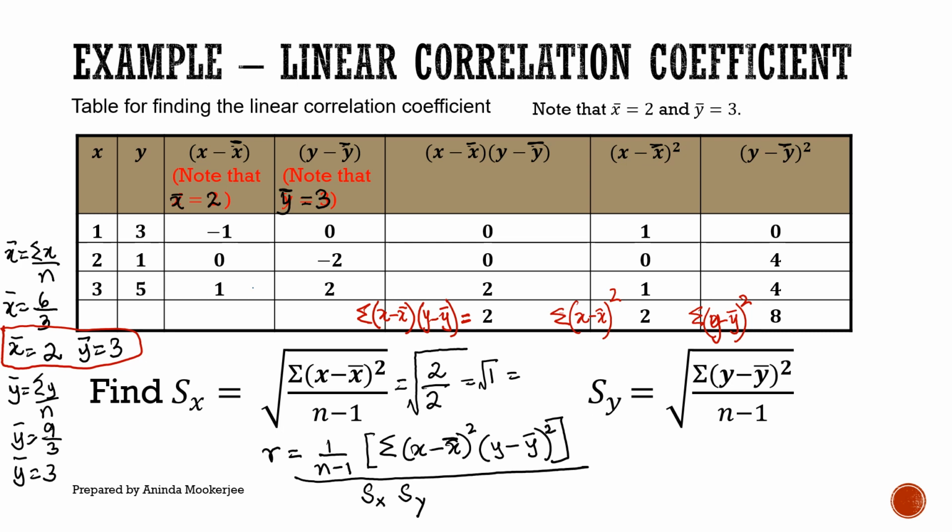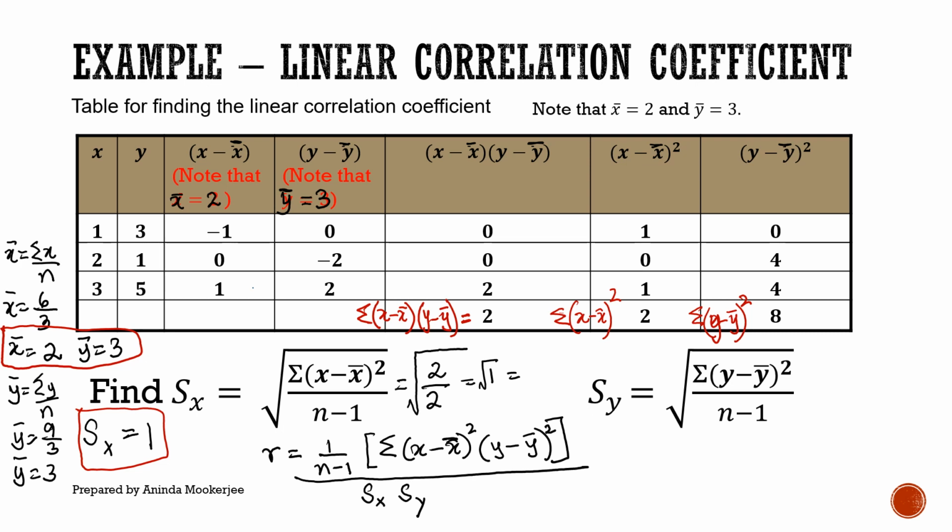Right? So I'm going to write s sub x equal to 1. And let me box that, because we are going to use this value in the denominator of the formula for R. S sub y, you pick your value of sigma y minus y squared.